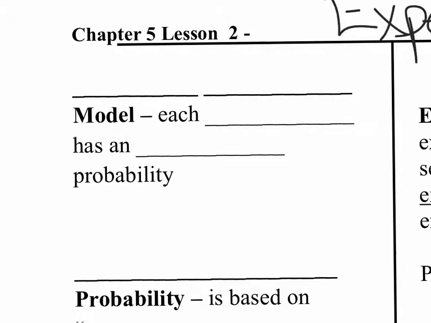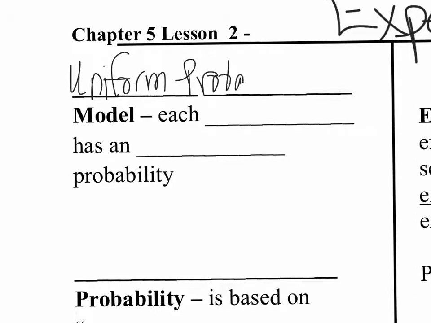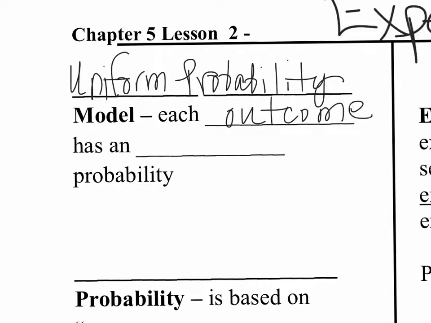Uniform probability is a model where each outcome has an equal or uniform probability.